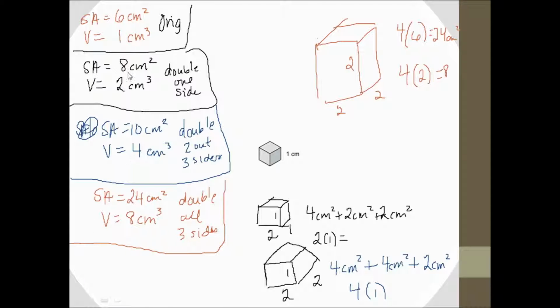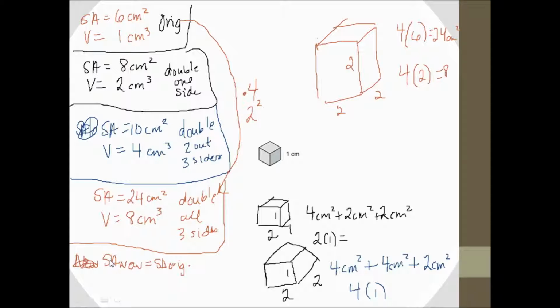If everything is doubled, how can we go from here to here? My new surface area is equal to the original surface area times, well, how did we go from 6 to 24? 6 to 24 is multiplying by 4, but 4 is actually 2 squared.